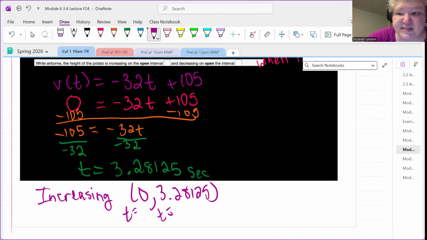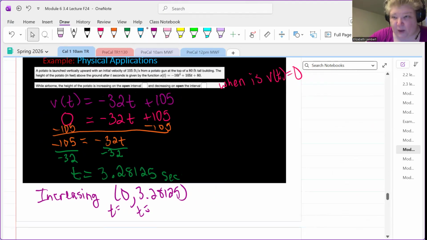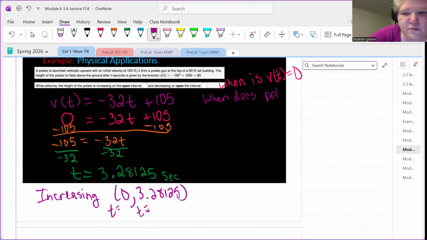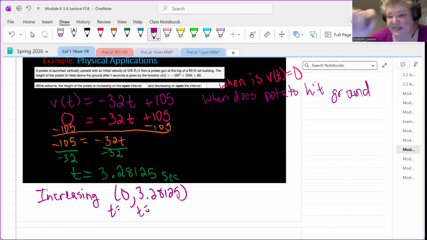Now we're going to actually solve for, when does it hit the ground? And this solving is a little more annoying, because it hits the ground. Technically you can think, well, when it's on the ground, the velocity is 0.